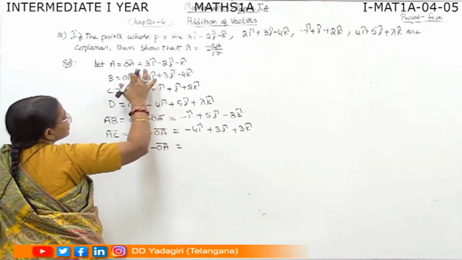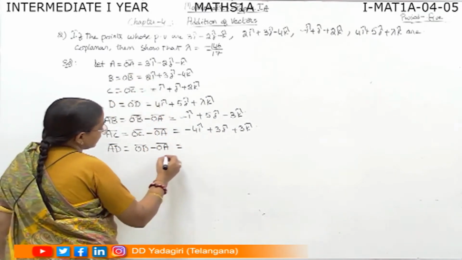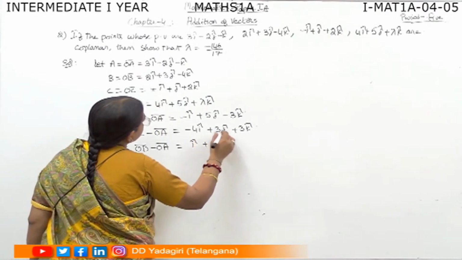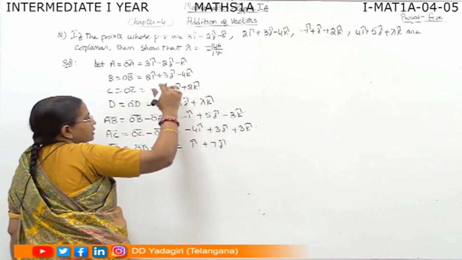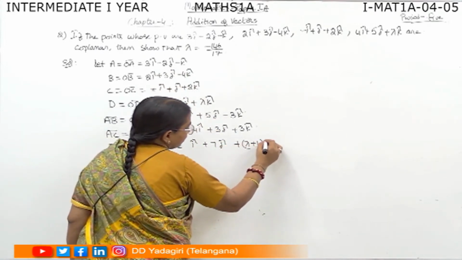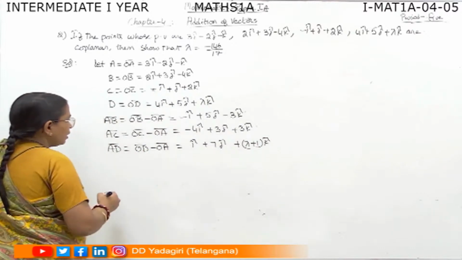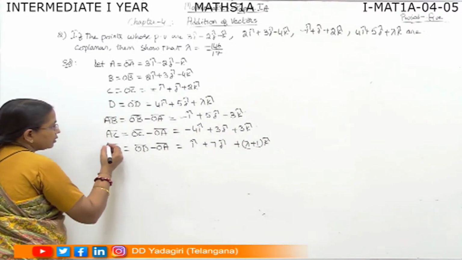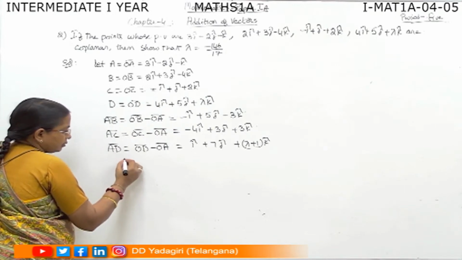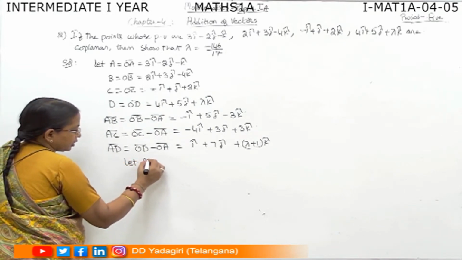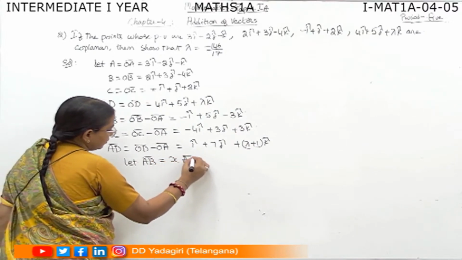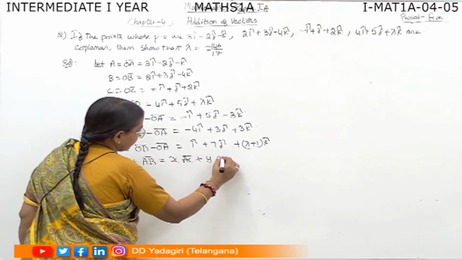So this minus this. So 4 minus 3, 1. And then 5 plus 2, 7. And then here it is lambda k plus k, so we'll write lambda plus 1 into k. Now A, B, C, D, these points are coplanar. So we'll first take the linear combination. AB is equal to x times AC plus y times AD.